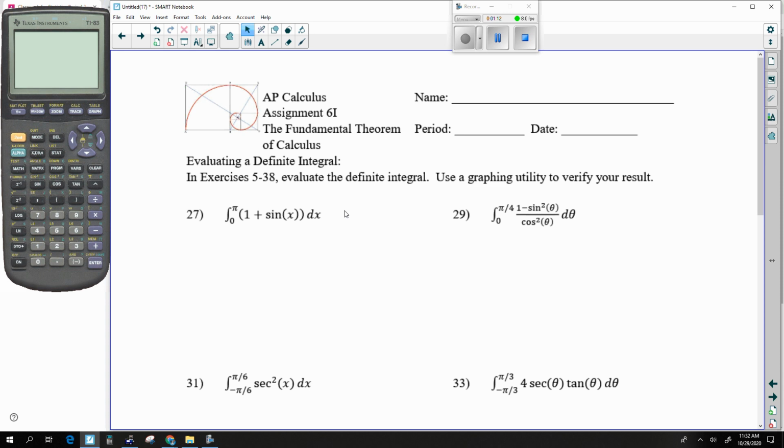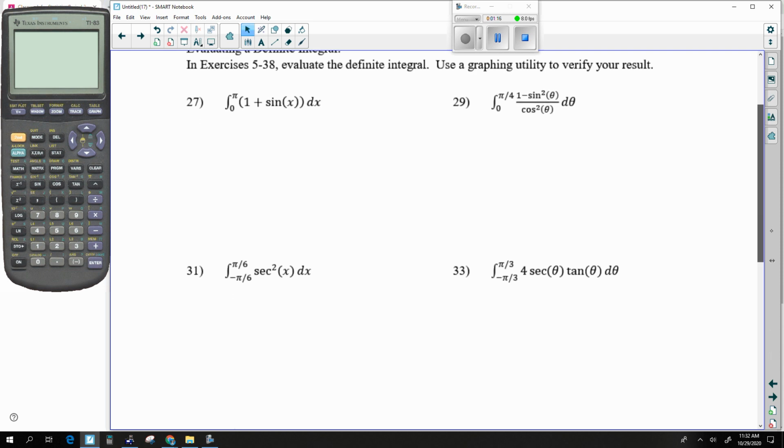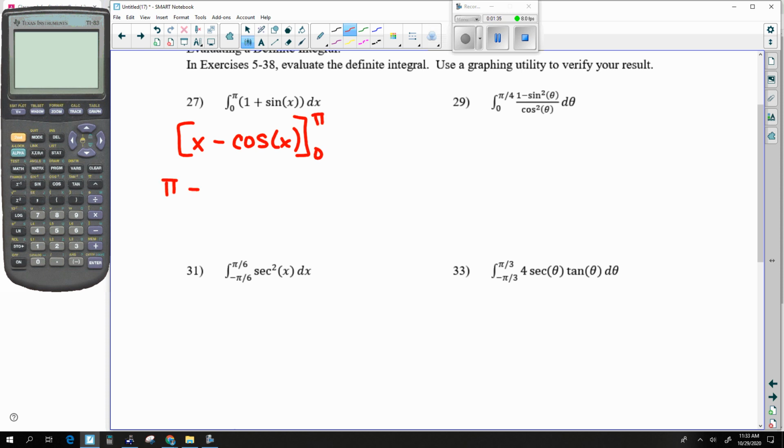All right, so we begin with just straight up definite integrals. And so we integrate and take the upper bound minus the lower bound. All right, so integral of 1 is x, sine is negative cosine, and this is going from 0 to pi. So the first evaluation is at pi, so let's take a look at our unit circle here.